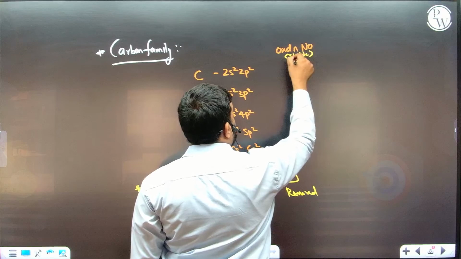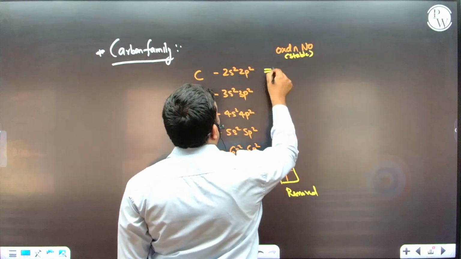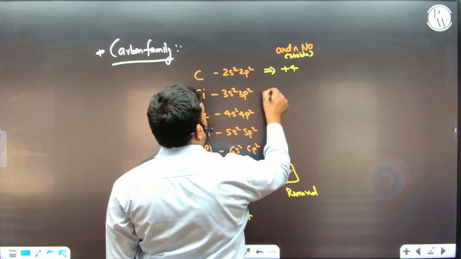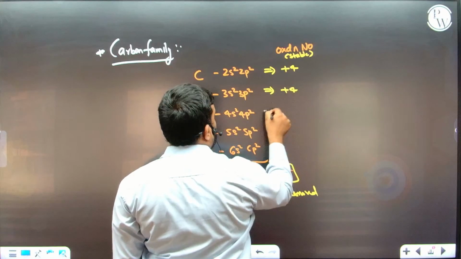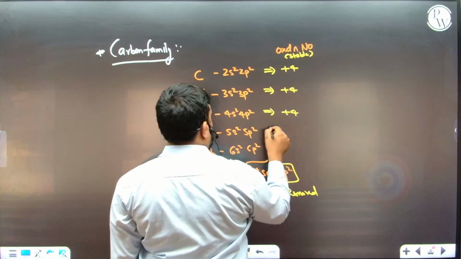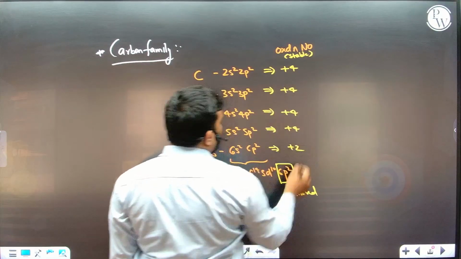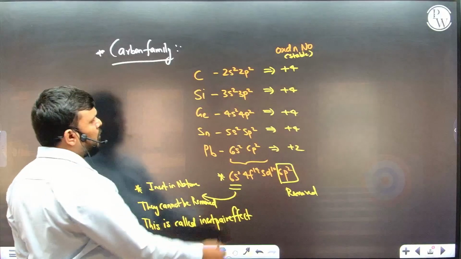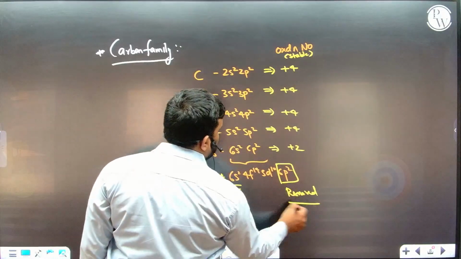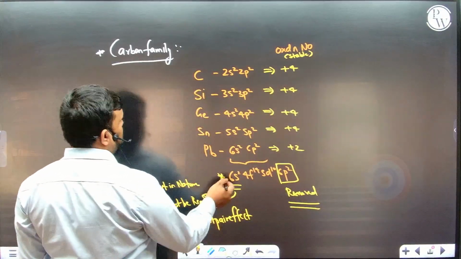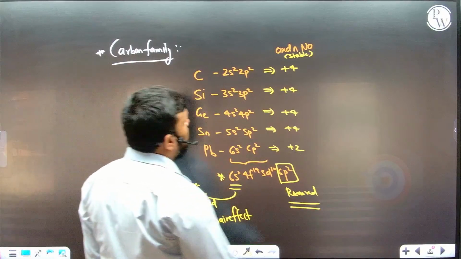The most stable in the case of carbon will be +4, silicon +4, germanium +4, Sn +4, and in case of Pb it will be only +2. Why? Because in case of Pb you can remove only these 6p2 electrons. This is because of the inert pair effect.